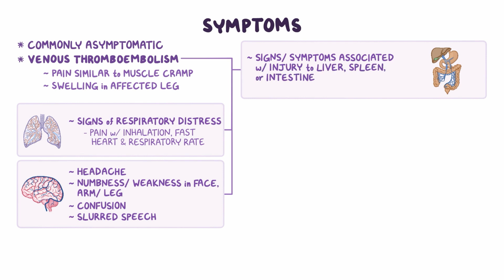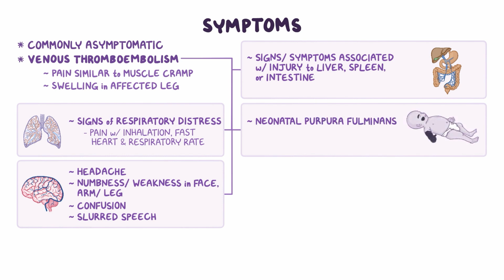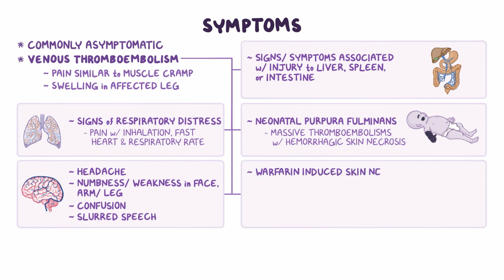A more serious presentation is neonatal purpura fulminans, which is when a newborn with protein C or S deficiency suffers massive arterial and venous thromboembolisms with hemorrhagic skin necrosis. Finally, with protein C or S deficiency, there can be warfarin-induced skin necrosis, which means tiny thrombi can form in the blood vessels of the skin, causing skin necrosis.